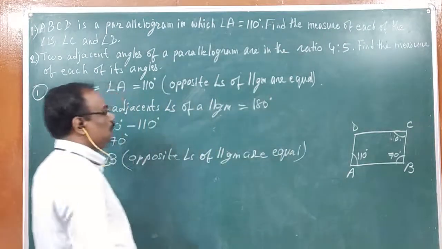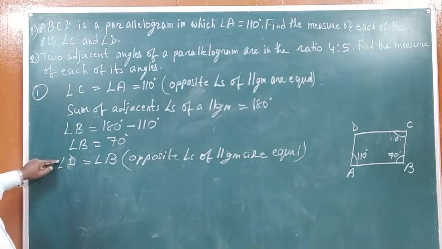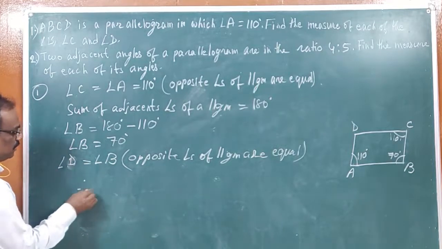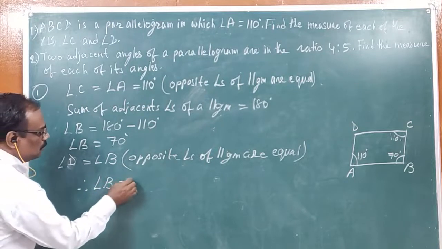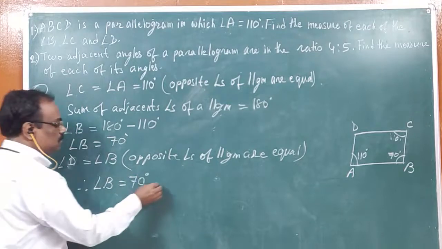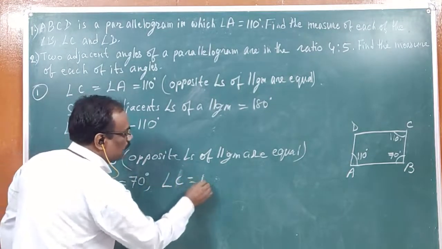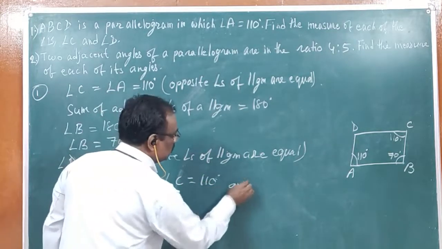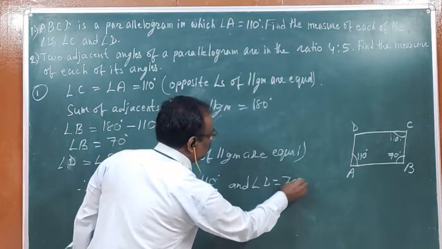So now we have found angle B, angle C and angle D. We can write at the end, therefore, angle B is equal to 70 degrees, angle C is equal to 110 degrees, and angle D is equal to 70 degrees.